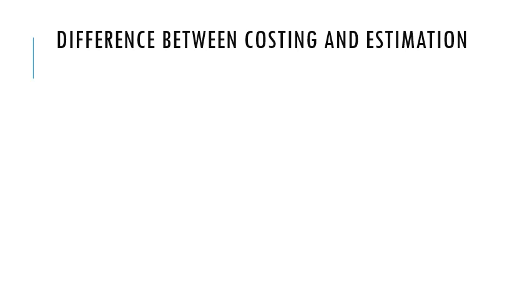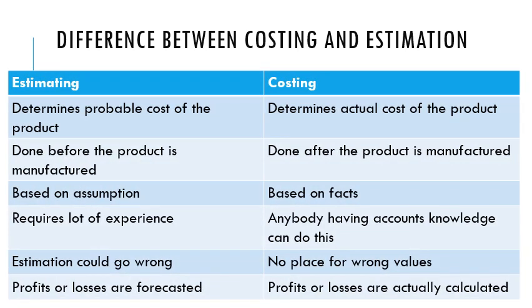The discussion till now sounds similar. Costing and estimation. You would be wondering, what is the difference between costing and estimation? Let us see that. When it comes to costing, it determines the actual cost of the product, whereas estimating means it is probable cost of the product. It's not exact.